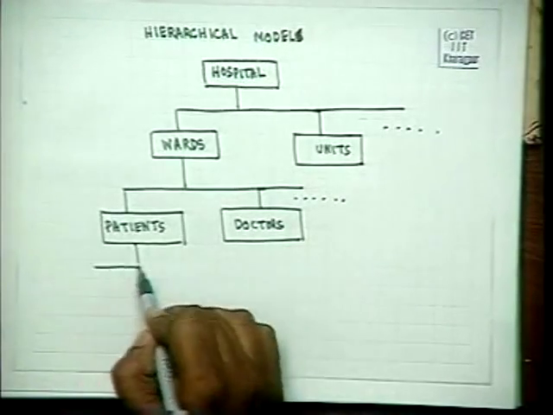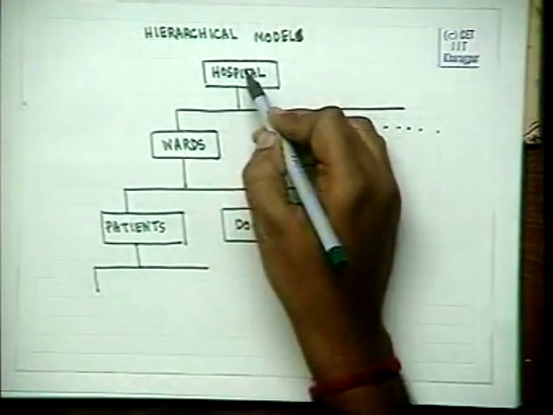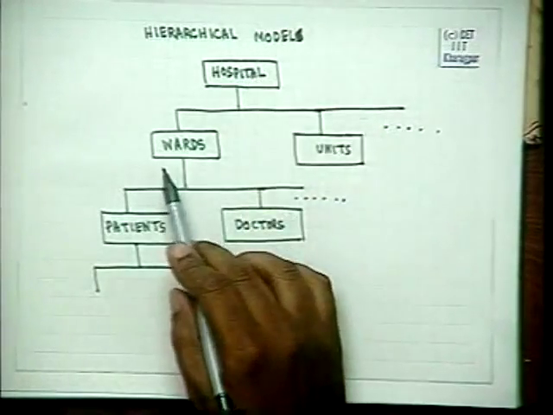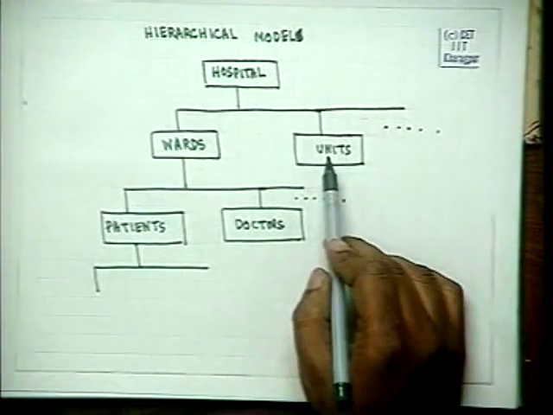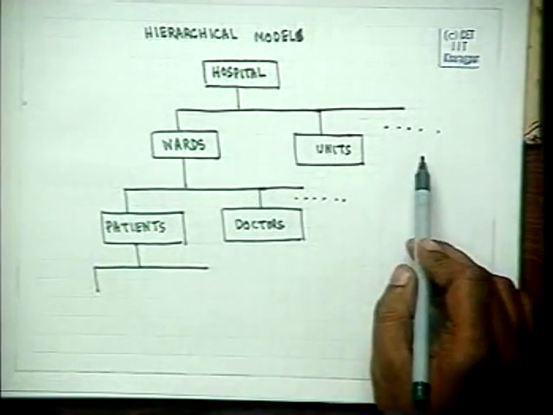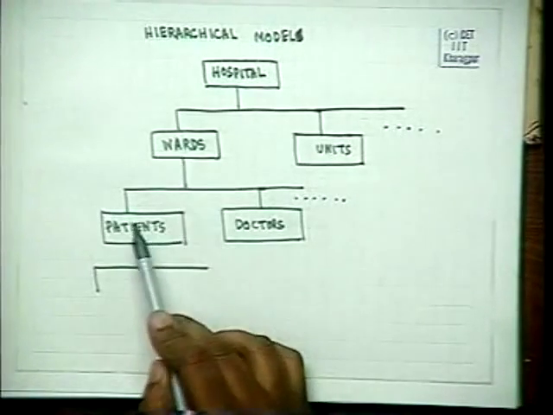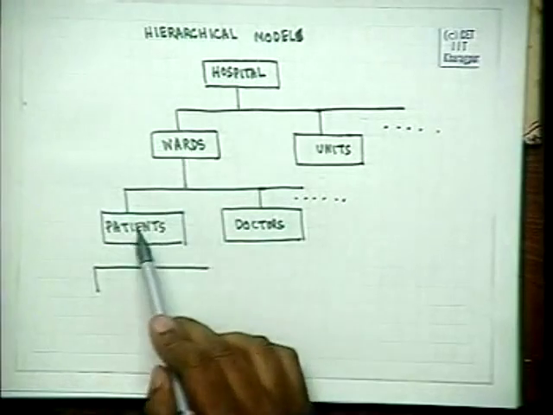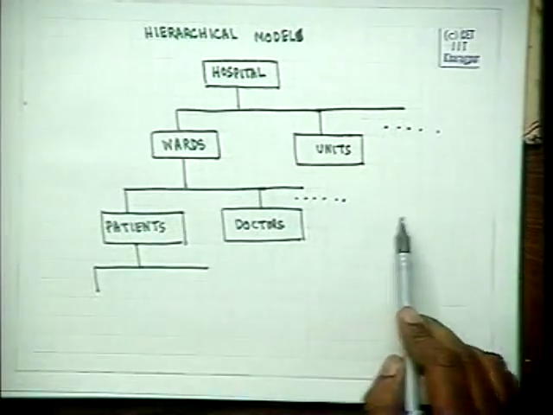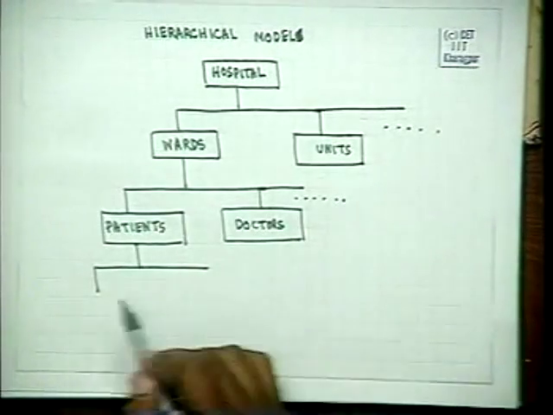These are all information. Hospital information is broken down to ward information, units information. Units means cardiology unit, this unit, pathology unit. Information regarding a ward may be broken down into patients, doctors, nurses, etc., medicines.